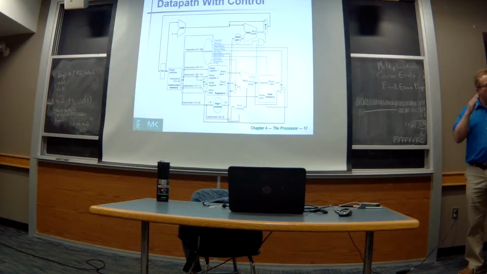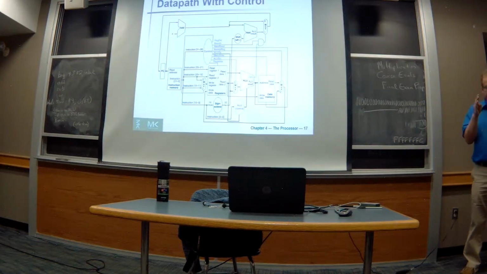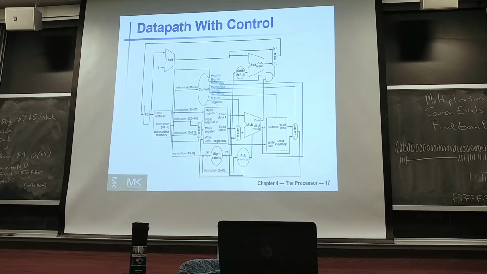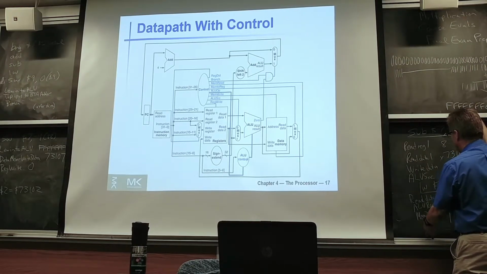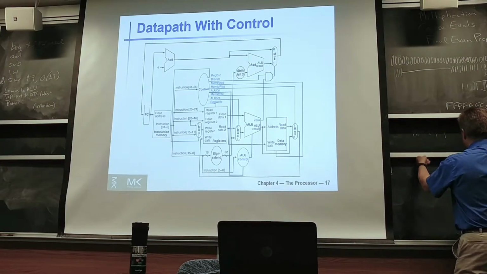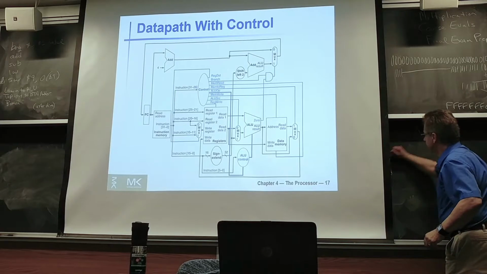The answer is no, because what a load and a store tell the ALU to do is to perform an add of the register value to the offset value. So let's just quickly do this.